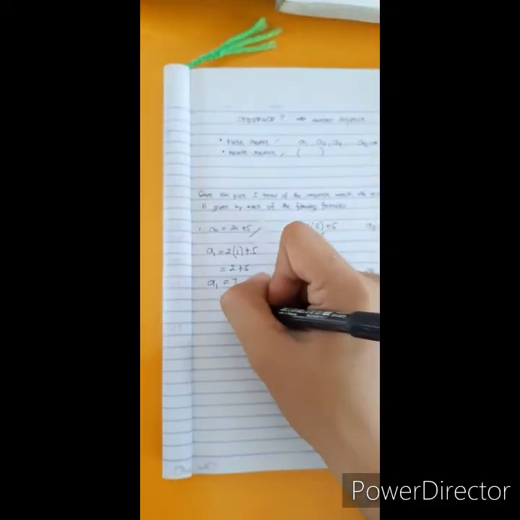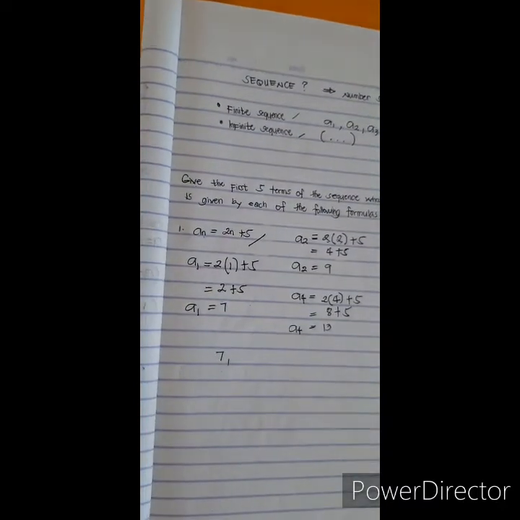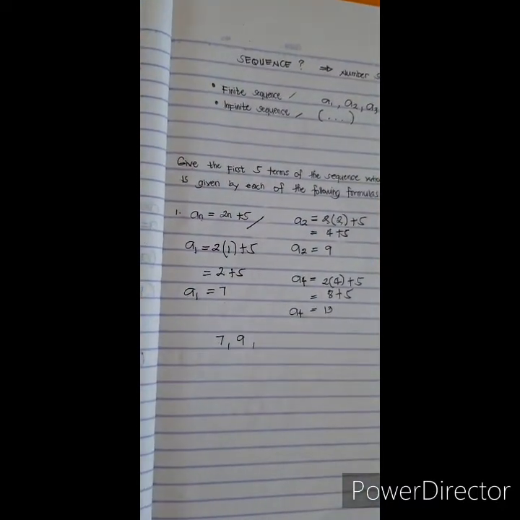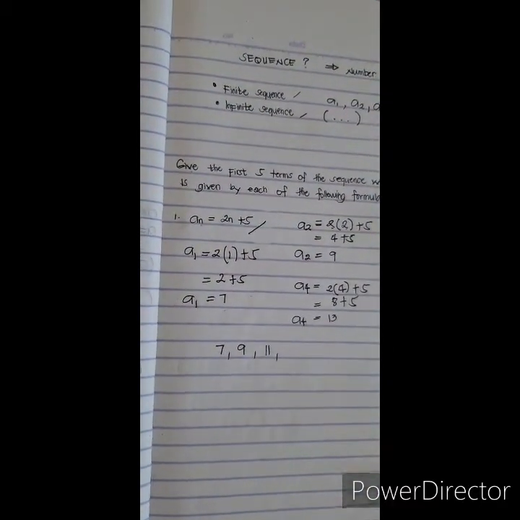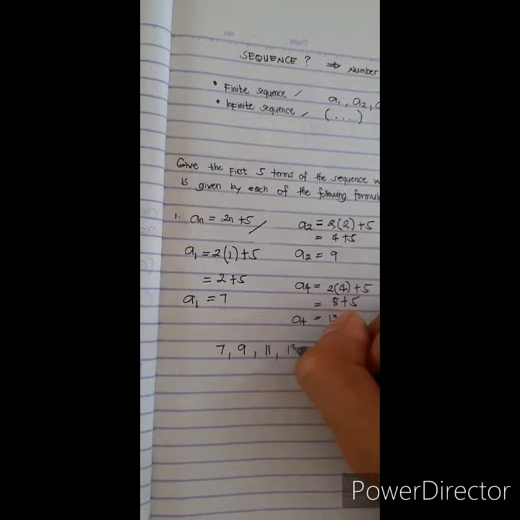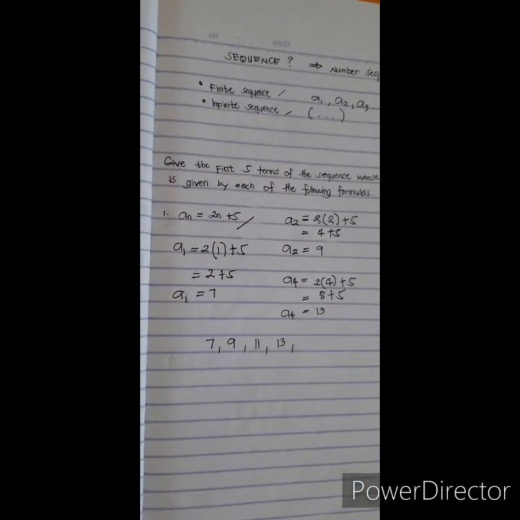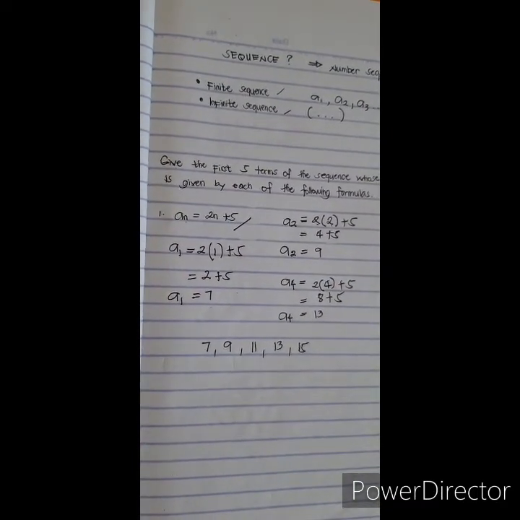So we have 7 for the first term, 9 for the second term, 11 for the third term, 13 for the fourth term, and 15 for the fifth term.